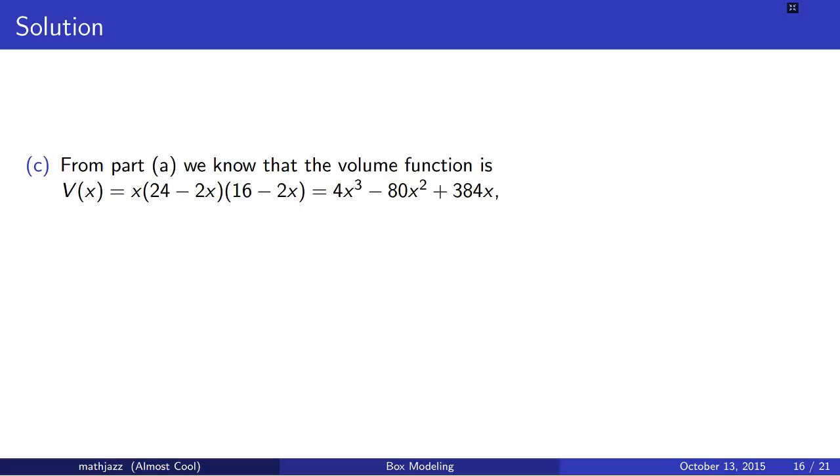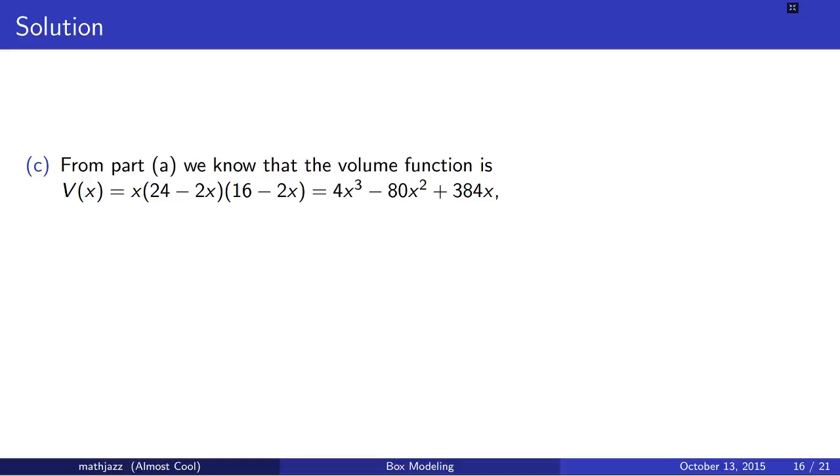Part C. From Part A, we know that the volume function is v of x equals x times (24 minus 2x) times (16 minus 2x). Taking the derivative of this product is possible. We could use either logarithmic differentiation or the product rule several times, but at this point it's easier to just multiply everything out into a polynomial and use the power rule on each term.